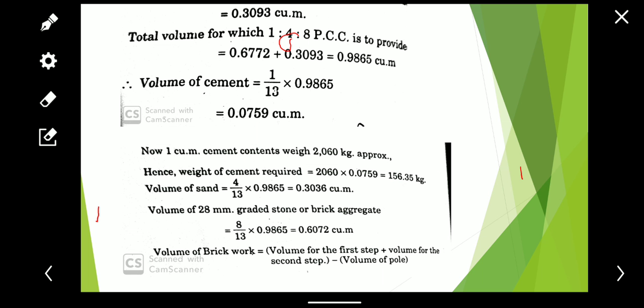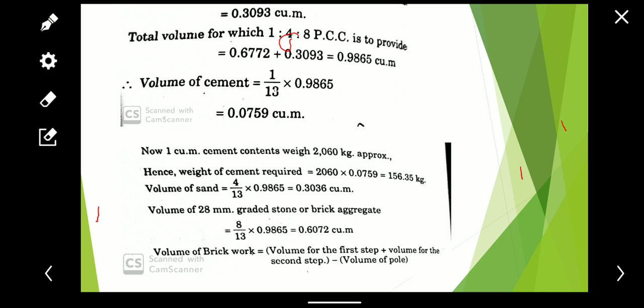So it is 8. That means this ratio is 1 for cement, 4 for sand and 8 for bricks. So the total is 13. It is 8 by 13 into 0.9865, which is equal to 0.6072 cubic meter.